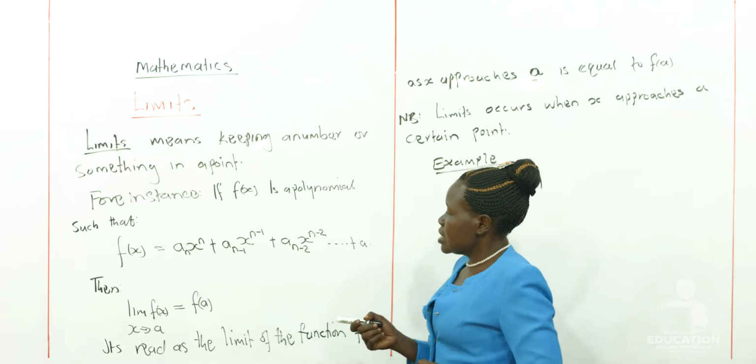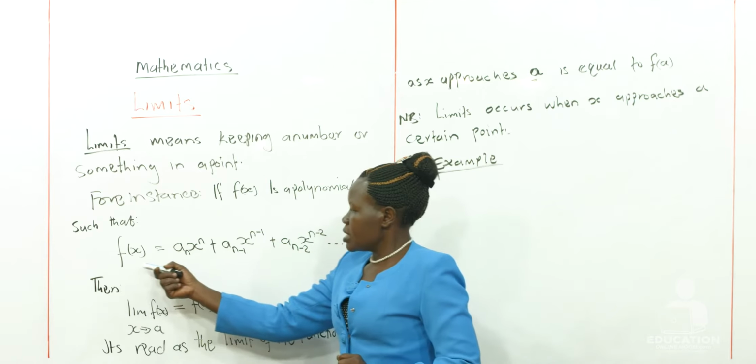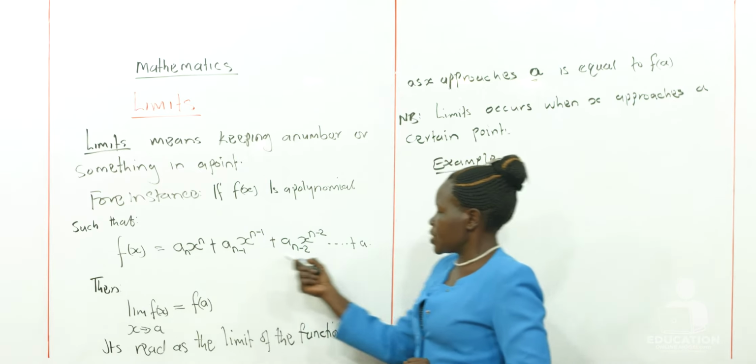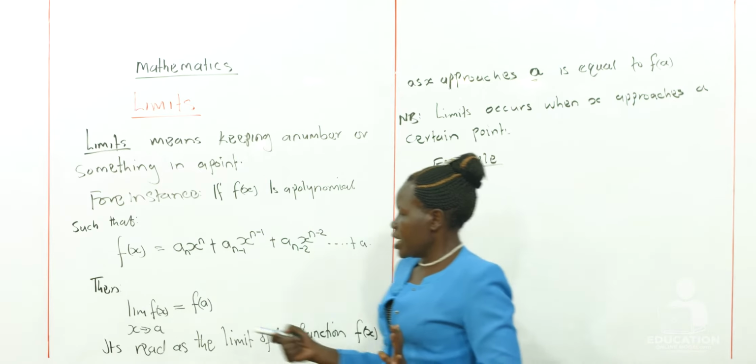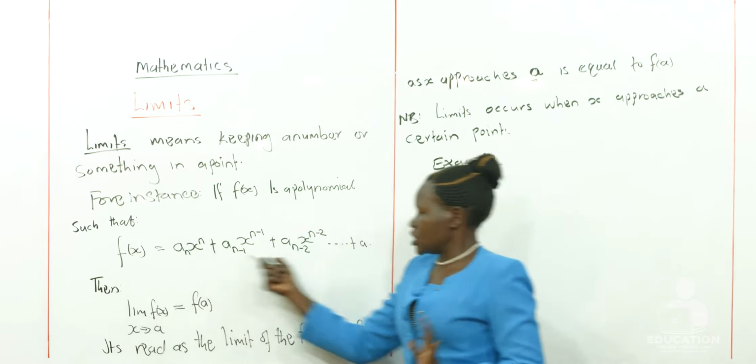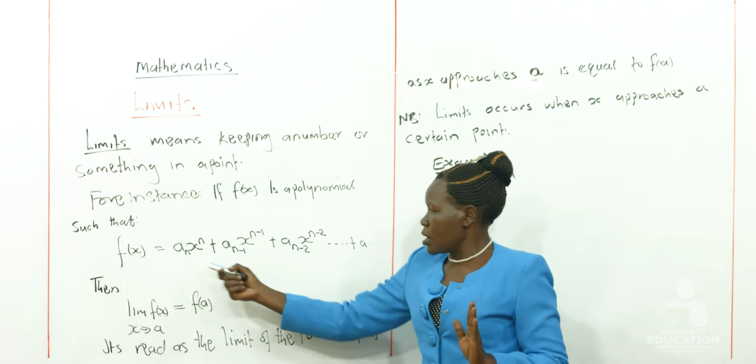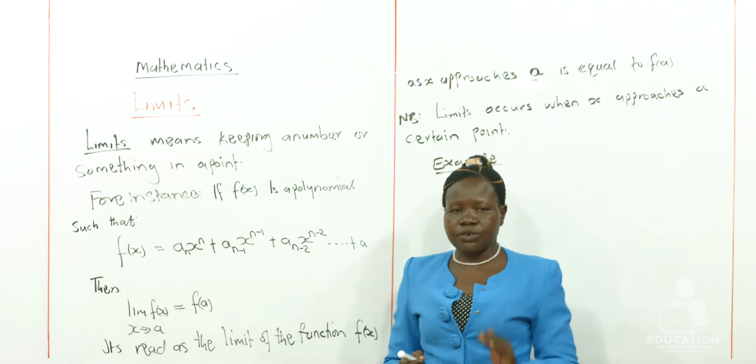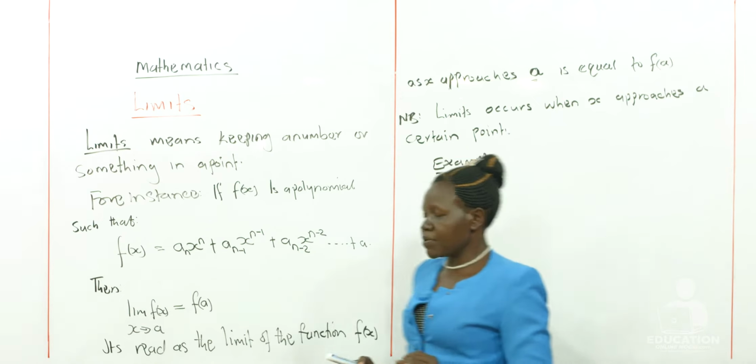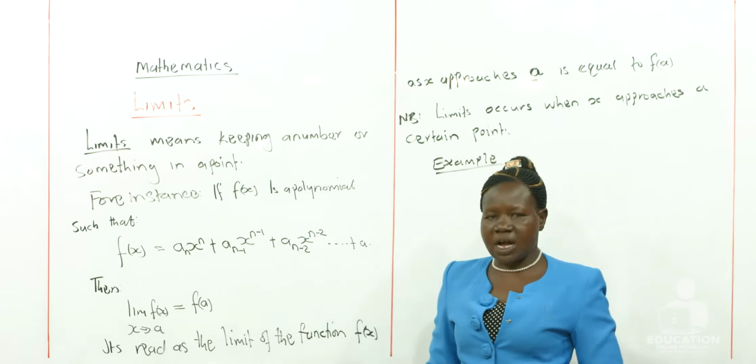For instance, if a polynomial is expressed in this form, assuming this is your dream that you have set up and want to achieve, and then from nowhere problems come.